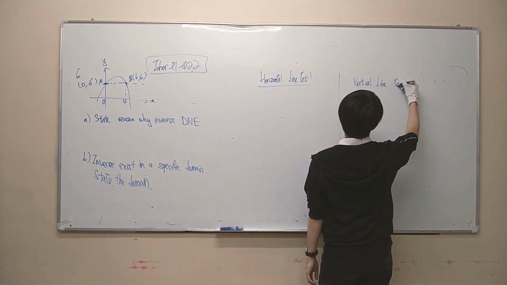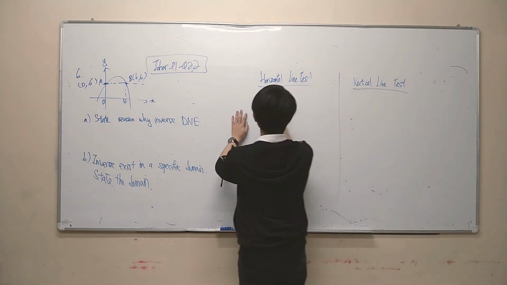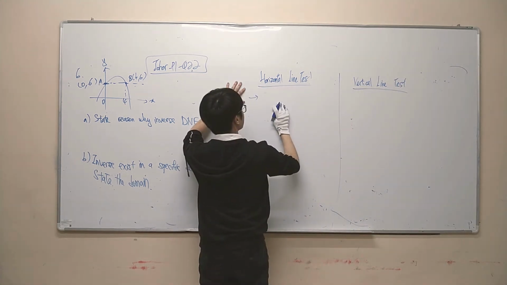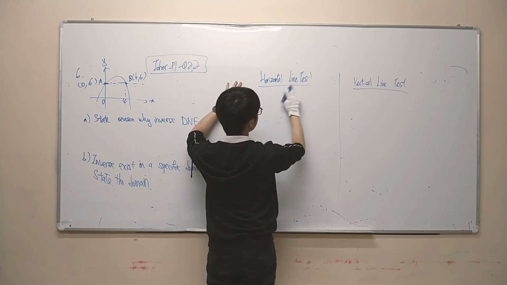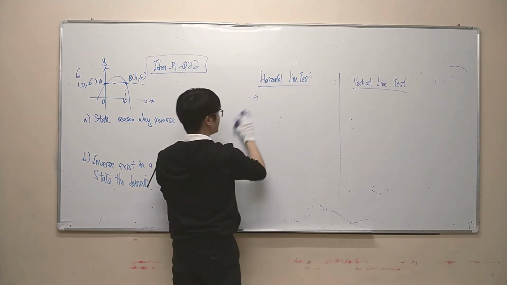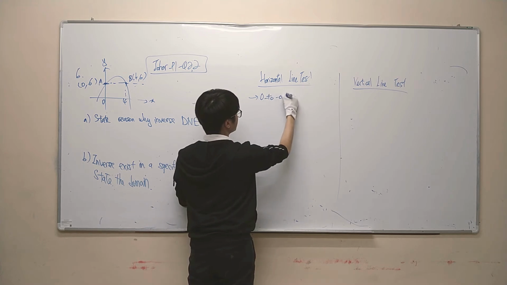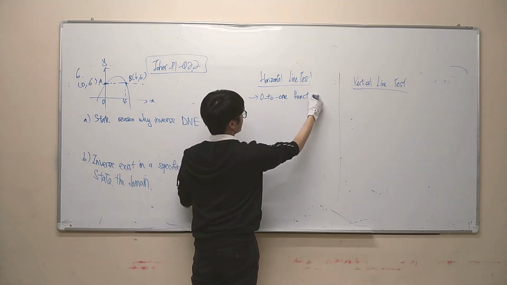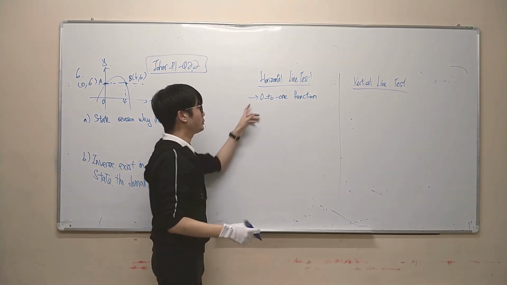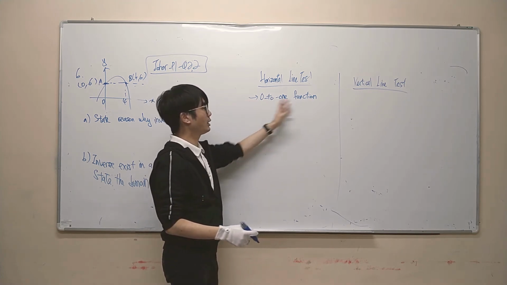What is the horizontal line test and the vertical line test? The horizontal line test will help you determine whether it's a one-to-one function.